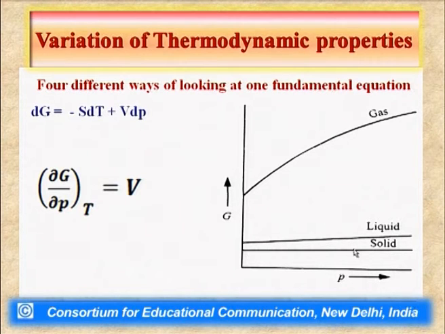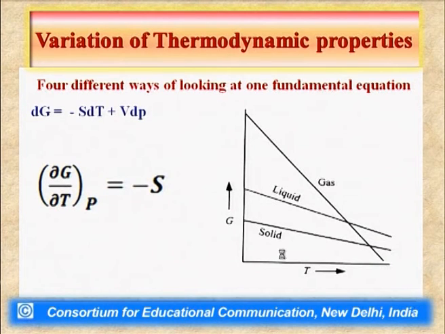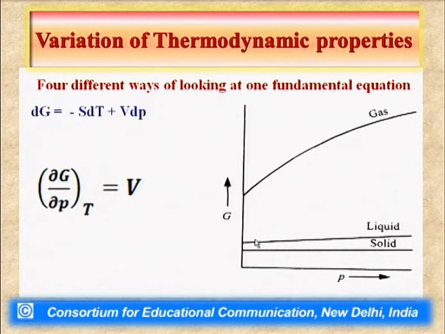For solids, the Gibbs free energy almost remains the same, increasing only very slightly. So, for solids and liquids, that is condensed phase systems, the molar volume occupied by 1 mole of the substance is very small compared to the gas phase. Therefore, as a result of change in pressure, the Gibbs free energy will change much more for the gaseous system compared to condensed phase systems such as liquids and solids.